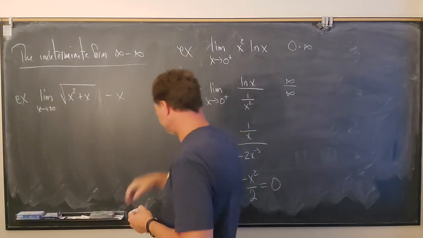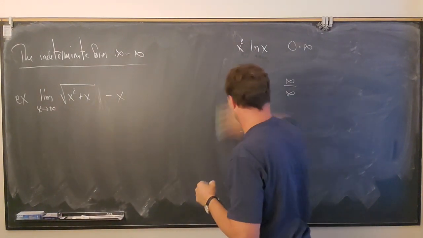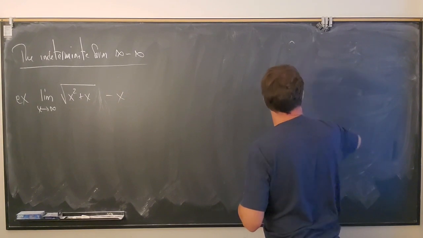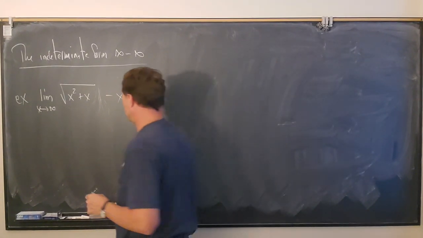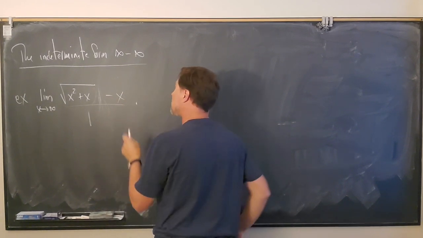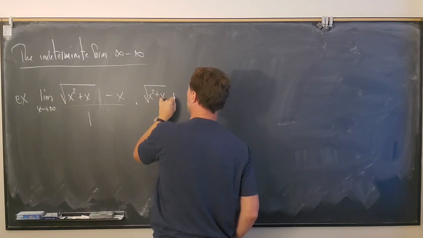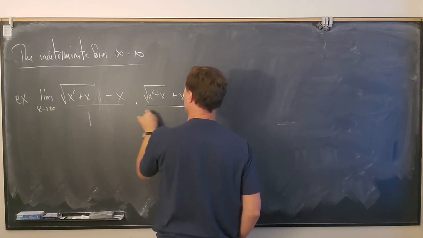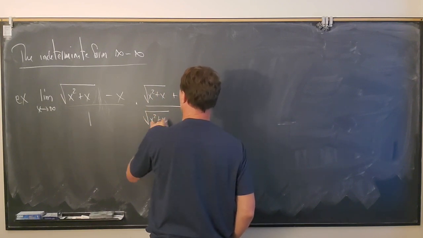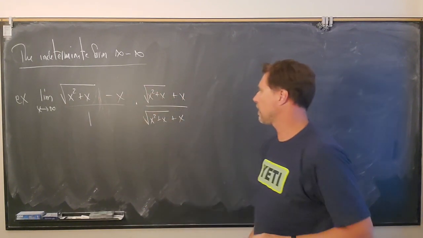Now, in this case, the trick for computing this limit, you have to think back to Calc 1, and one of the ways you can handle this is to multiply by the conjugate. So we're doing an algebra trick here. Multiply by the conjugate of the numerator in the top and the bottom.